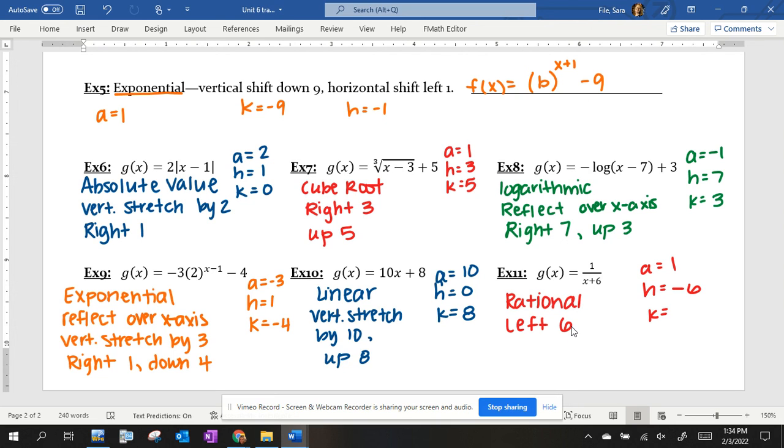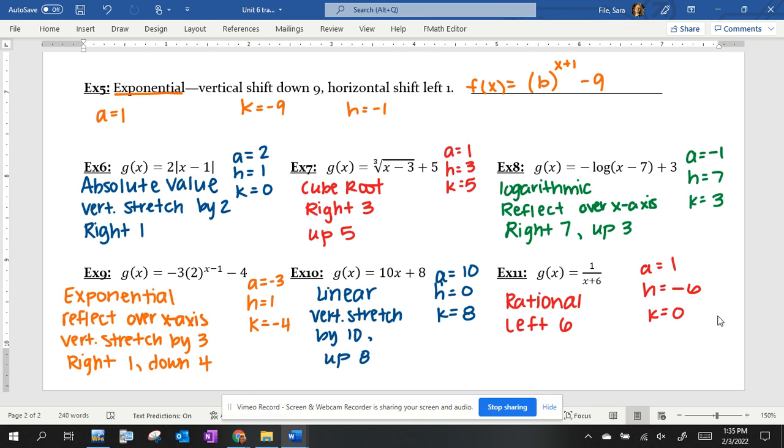Because the equation has the minus in it already. So if H is positive in the equation, it's minus. But if H is negative, when you plug it in, minus a negative, it's addition. All right, is there a K value? No, so no vertical shift. So no stretch or reflection or vertical shift, so that was it, just left 6.